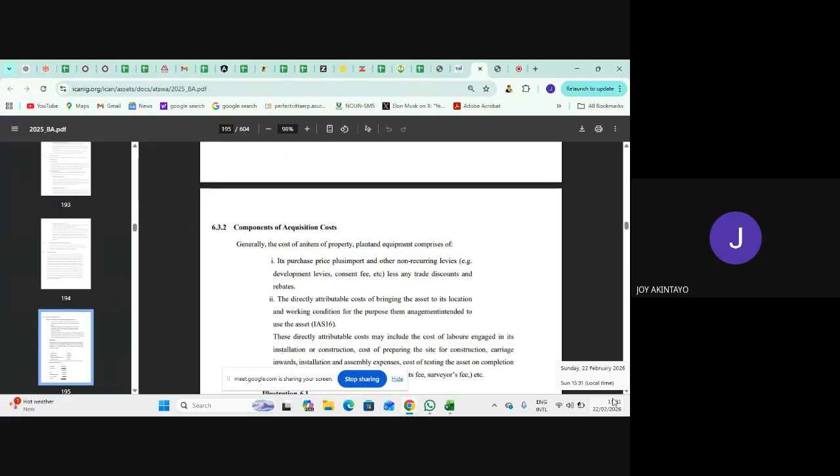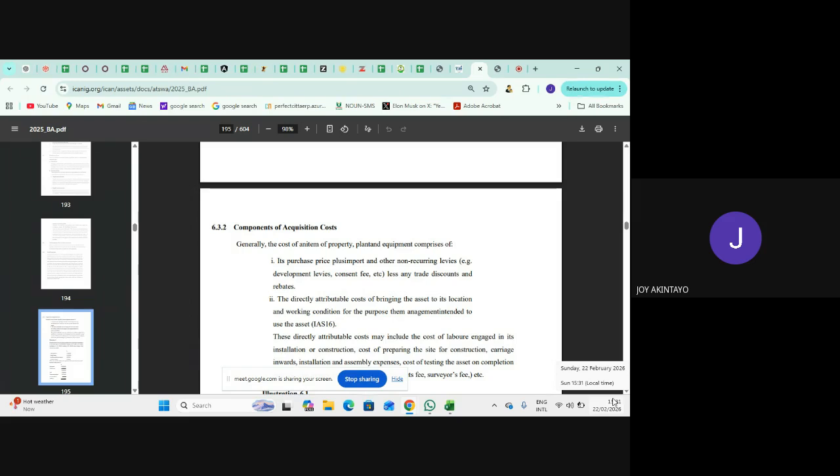So for us to determine the cost we actually incurred in acquiring our assets, we are looking at the purchase price of the assets.